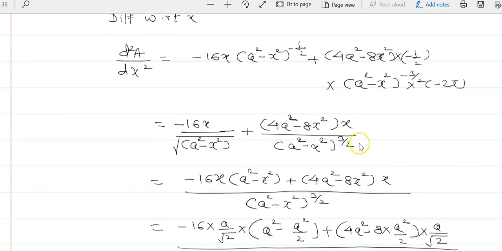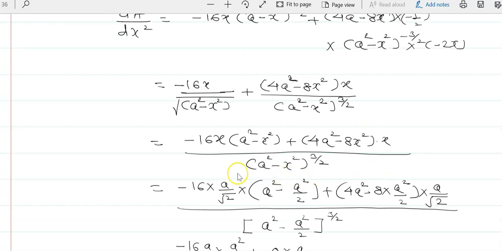Now we will simplify here. We will take the LCM. What is the LCM? That is (a² − x²) raised to 3/2. Therefore one power will multiply here. That is −16x(a² − x²) plus (4a² − 8x²)·x, all upon (a² − x²)^(3/2).